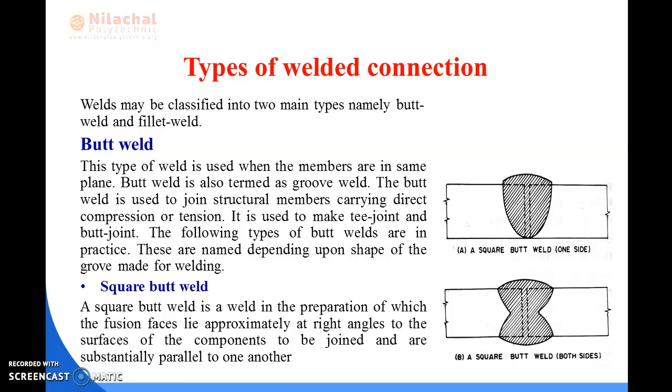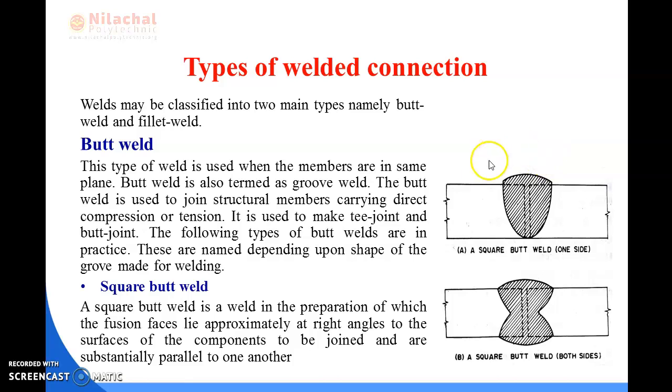Now we come to the first type of butt weld, which is the square butt weld. A square butt weld is a weld in the preparation of which the fusion faces lie approximately at right angles to the surface of the components to be joined and are substantially parallel to each other.